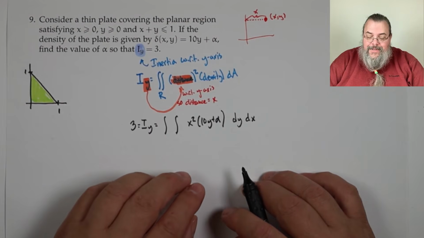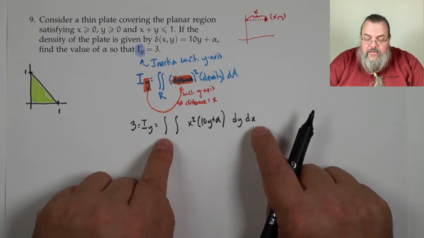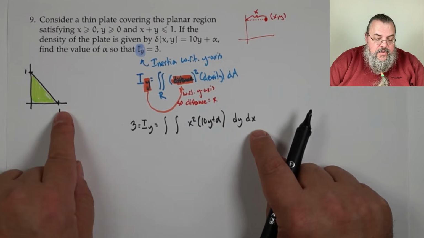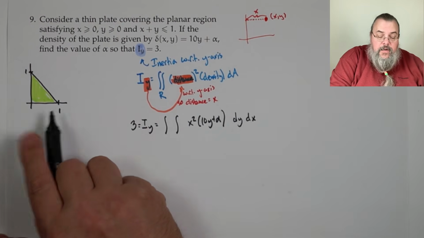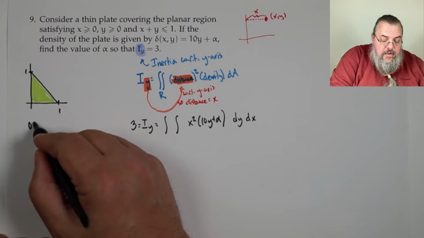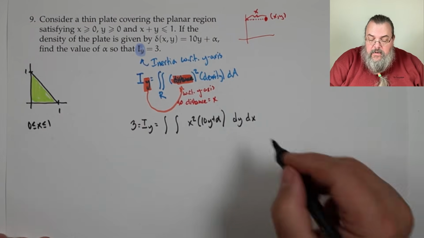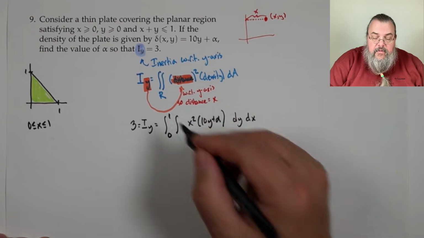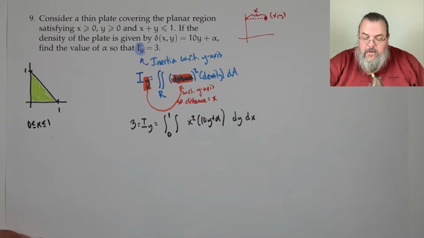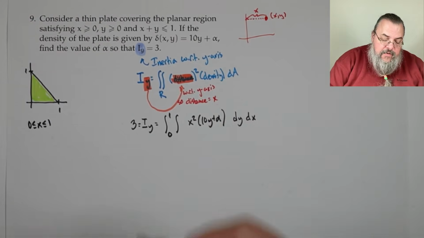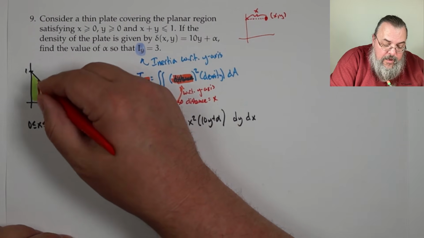We say, all right, we're down with that. Let's look at our bounds. Where does x go from? Well, we look at our picture. The smallest value for x is 0 and the largest value is 1. So 0 is less than or equal to x, which is less than or equal to 1. There goes our x bounds. Where does y go from? We imagine we pick a value for x, and then ask where we are running from.